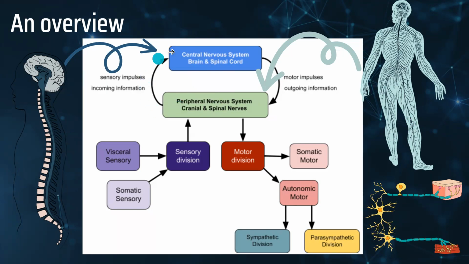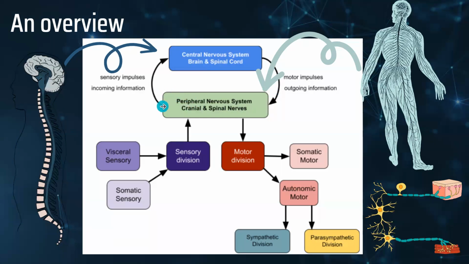The way this works in this loop is that we get sensory impulses, or incoming information, that's sent up to the brain. It's our brain's job to then interpret that information and decide what should happen by sending motor impulses or other information back out to the periphery.